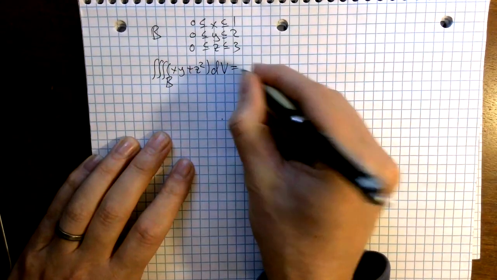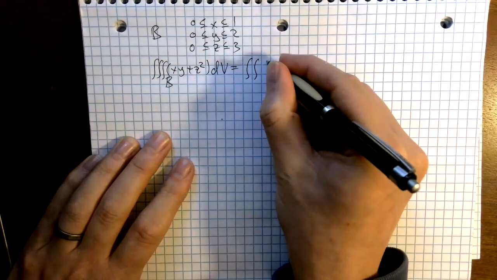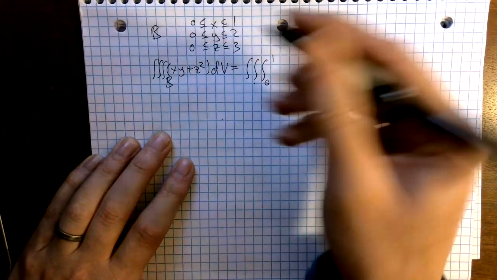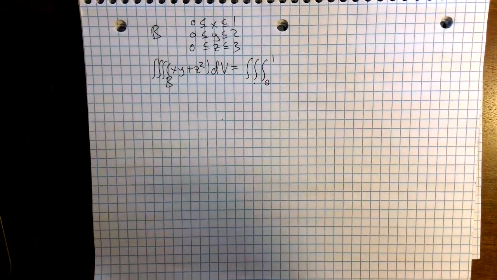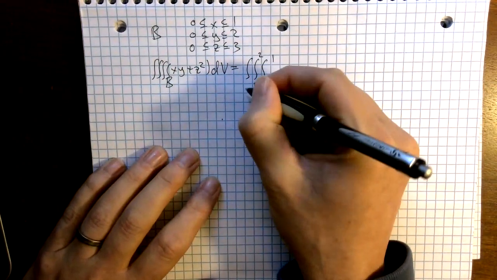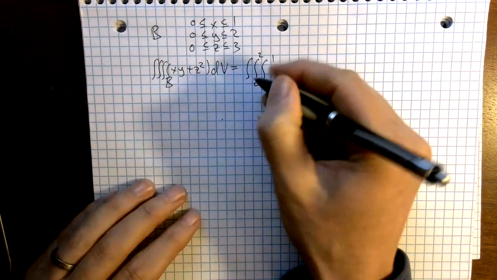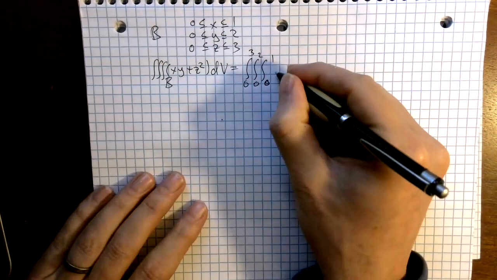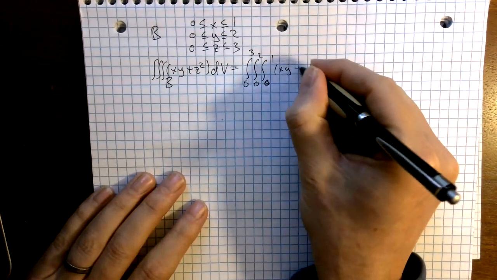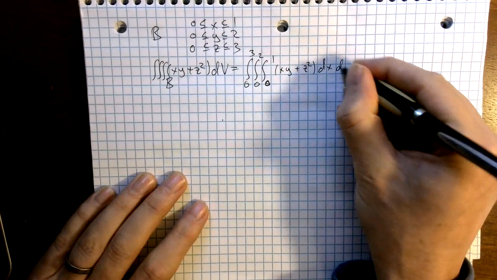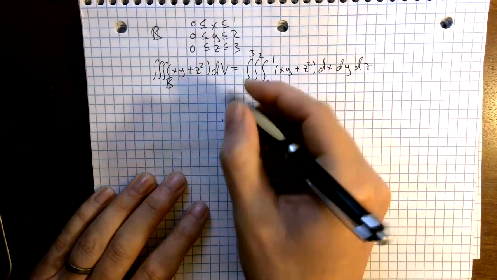Well, let's write it down in some order. Let's put x as the innermost one, y as the middle one, and z as the outer one, right? So we have xy plus z squared dx dy dz.